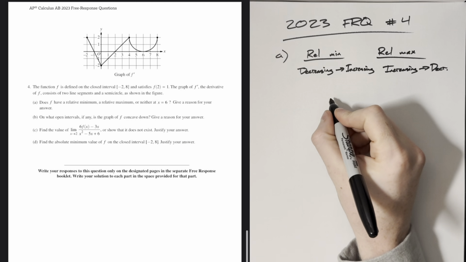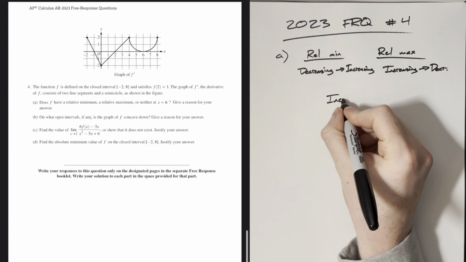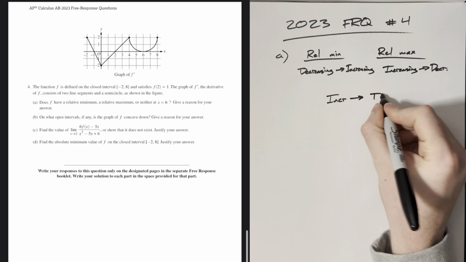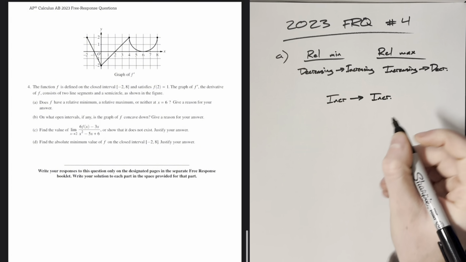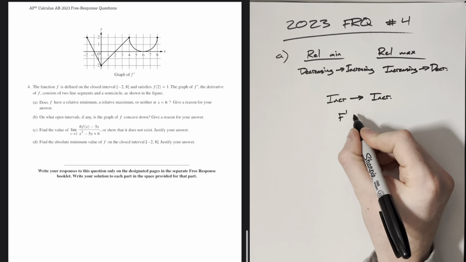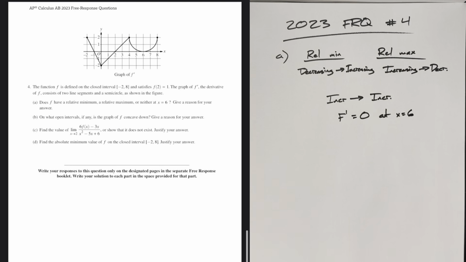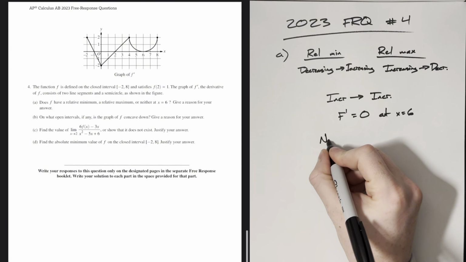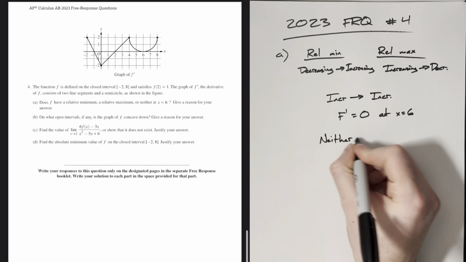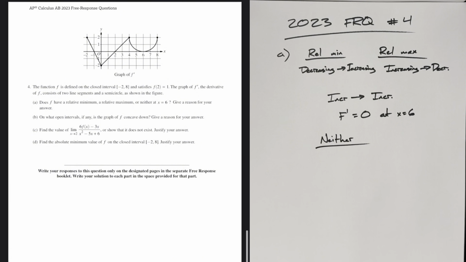So I'm going from increasing to increasing, even though f prime equals 0 at x equals 6. So this is an example of a critical value that is not a relative extrema, right? It's not a relative minimum. It's not a relative maximum. It is neither. So that's our final answer for part A.